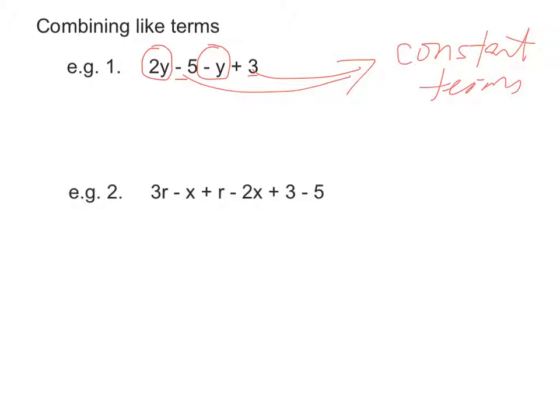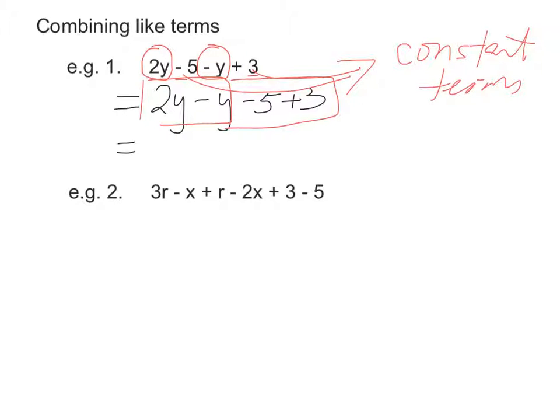When we do combining like terms, it means first we group all the like terms together, and then we try to simplify.